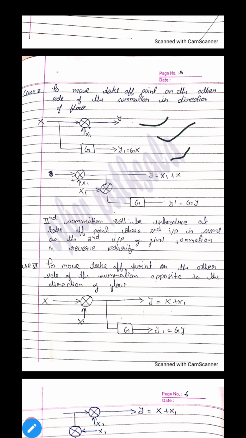If you want to move a takeoff point after a summer, in the direction of flow, you have to multiply with the summer with the opposite polarity. As you can see, here the polarity of the summer is positive, and if you want to move the gain in the direction of flow, you have to multiply with the negative polarity. Okay.